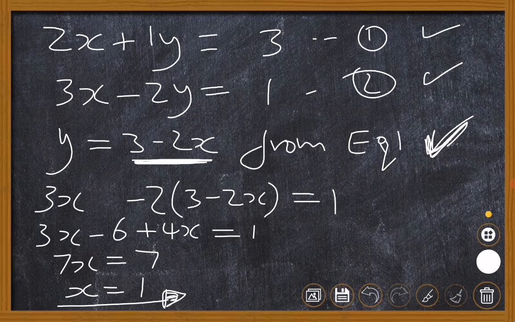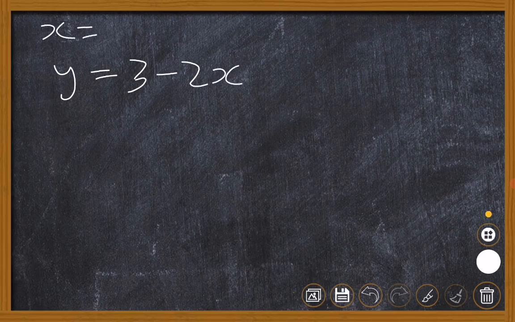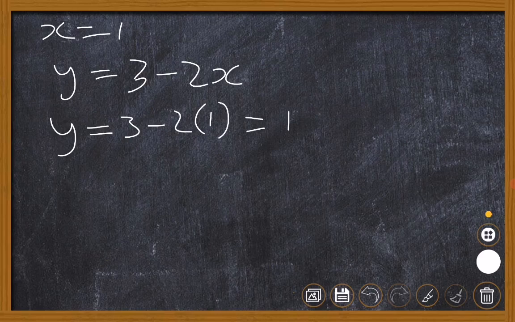Let's just do it properly. y equals 3 minus 2x, and we know that x is equal to 1, so we can substitute that. y equals 3 minus 2 times 1, which is equal to 1.